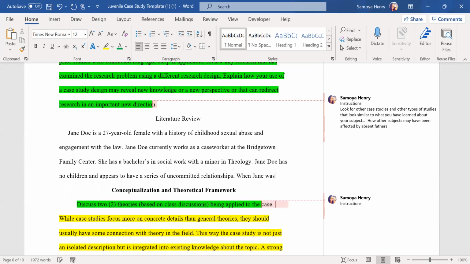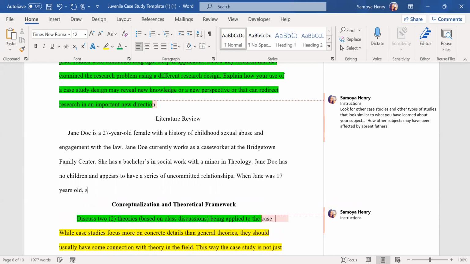When Jane was 17 years old, she was charged for assault with a weapon and was sentenced to, actually, let me decrease that age.